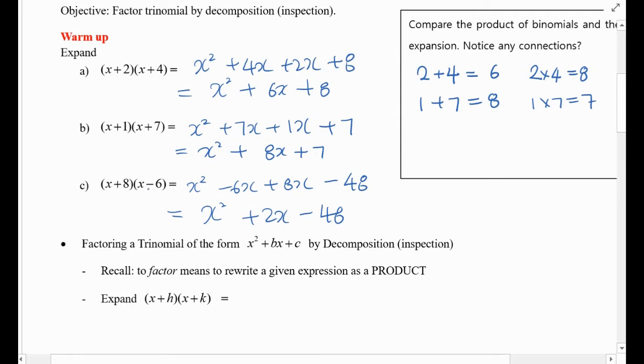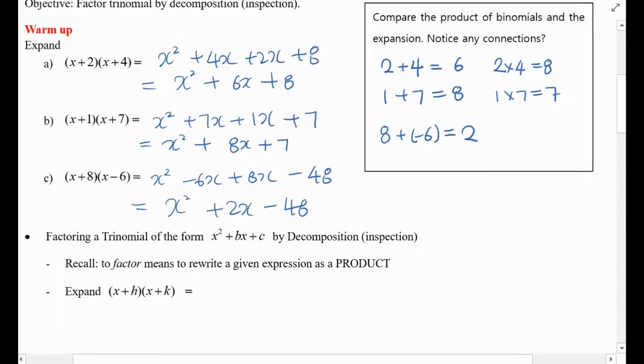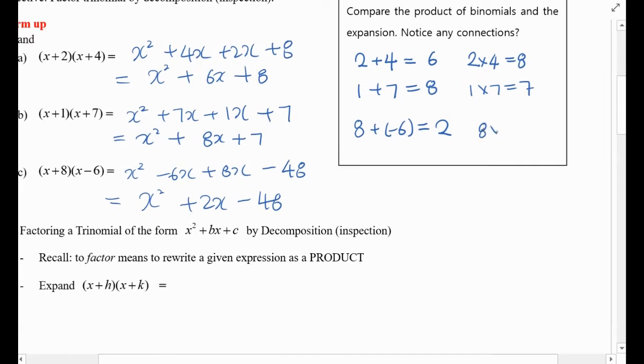Let's test with the next question. Positive 8 plus negative 6. What is that? That's 2. And we have 2 here. And 8 times negative 6. What is it? It's negative 48. Right? So same connection.